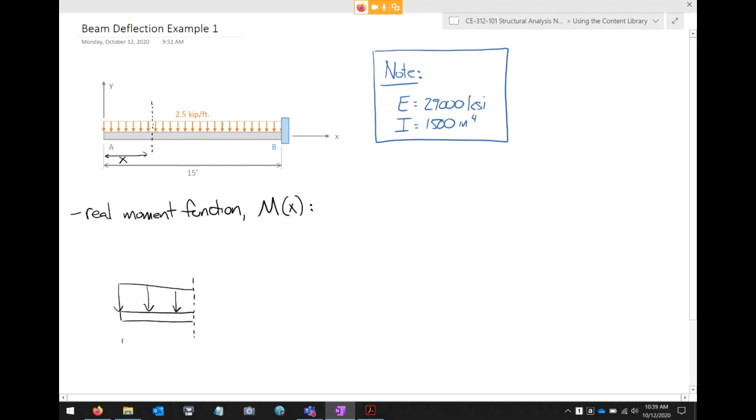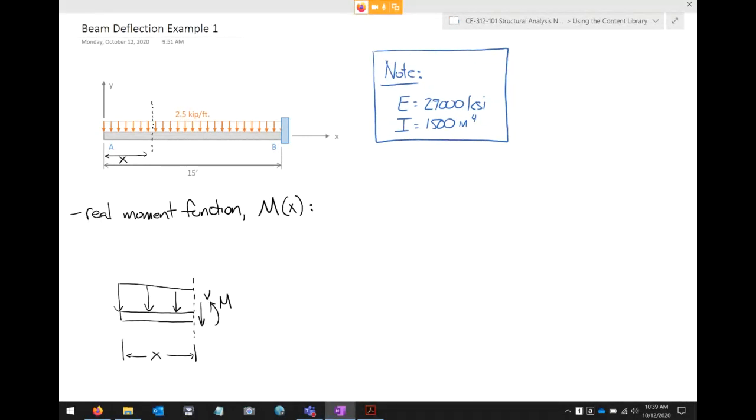So this dimension here is x. And remember, whenever you cut a section through a beam, there's an unknown shear and unknown moment.